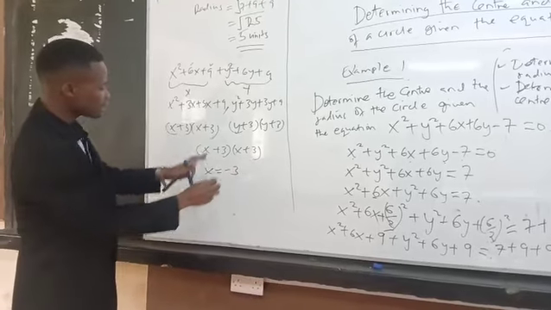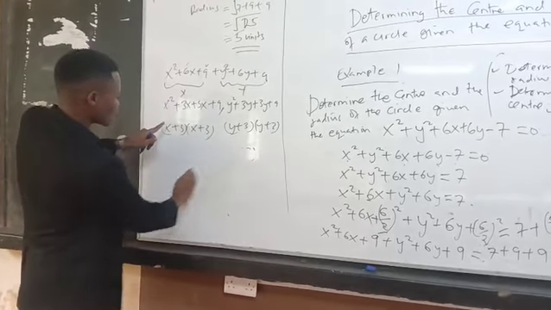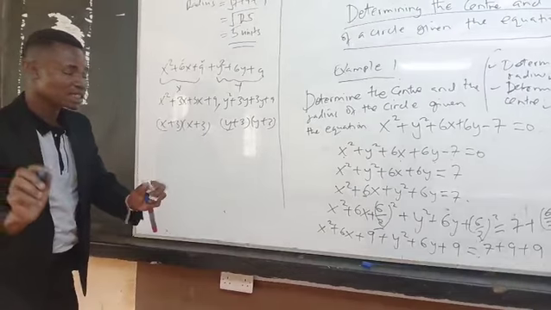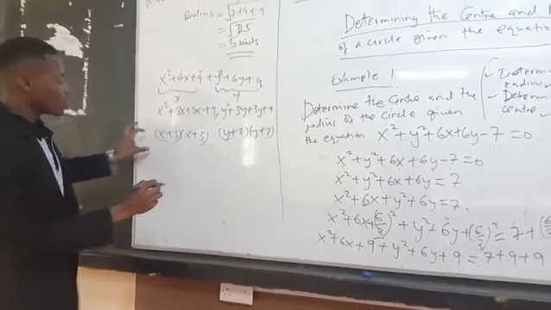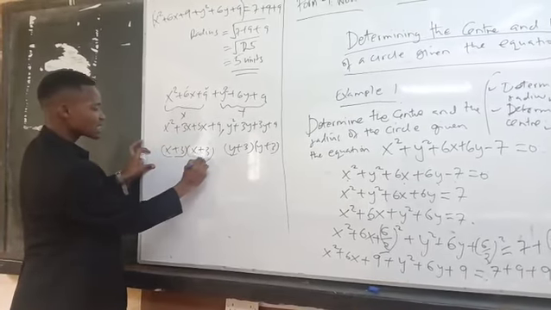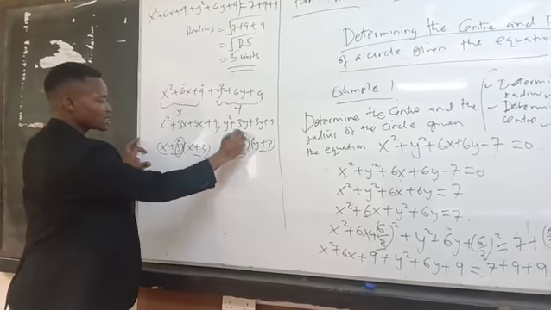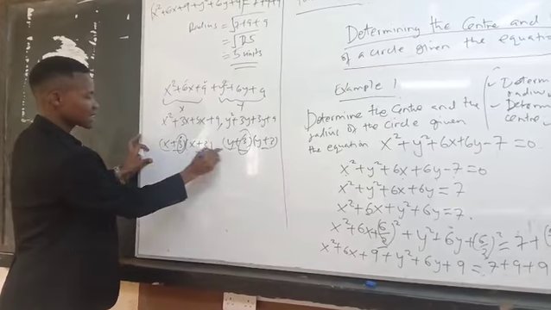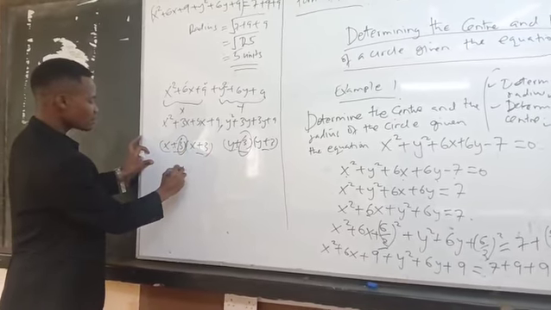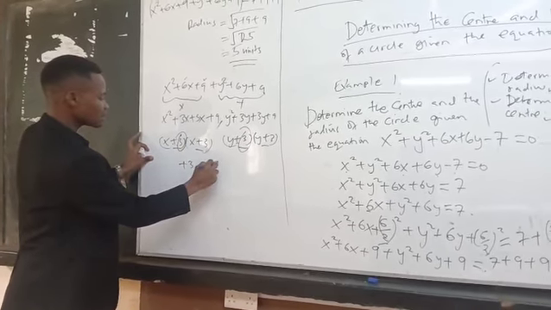Okay, let us leave this alone. Now look at this part. If you want to determine the center of the circle, these are similar and these are also similar. You take this value and this value, not leaving the sign. So you take positive 3, positive 3.